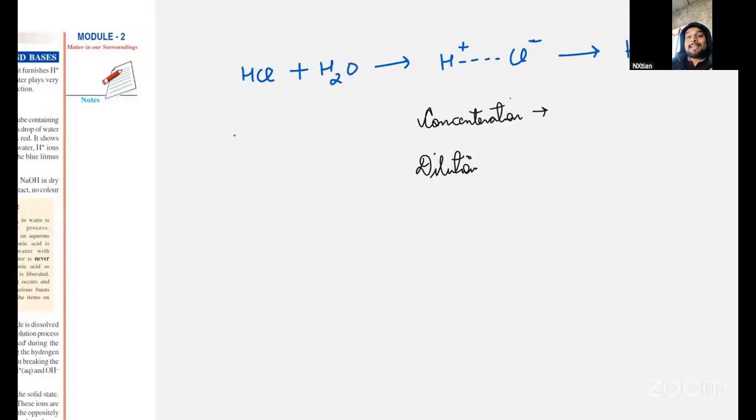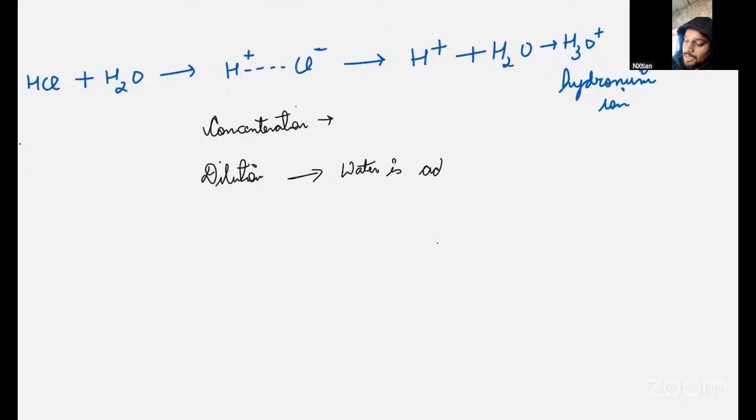If I say it is a diluted solution of salt, it means that it is less salty because water is added. If water is added, it is called diluted.